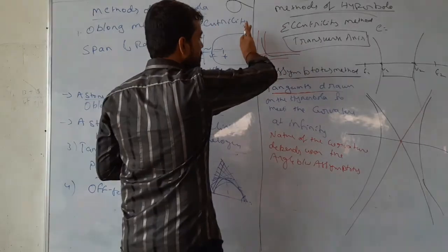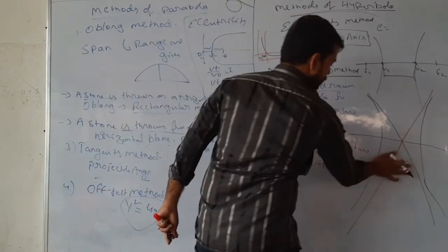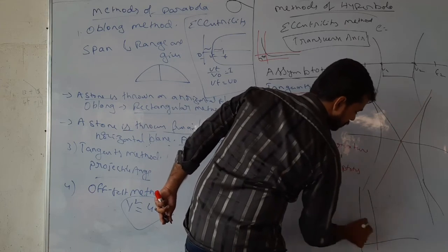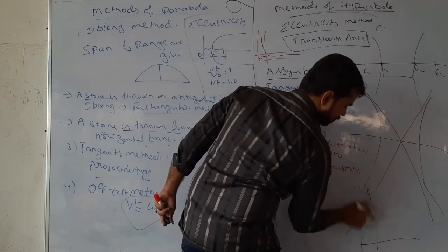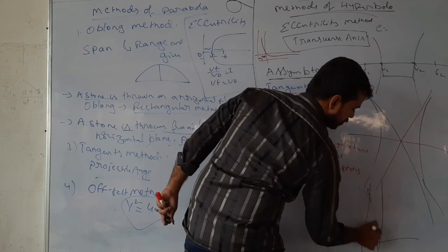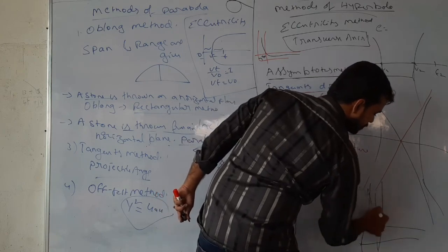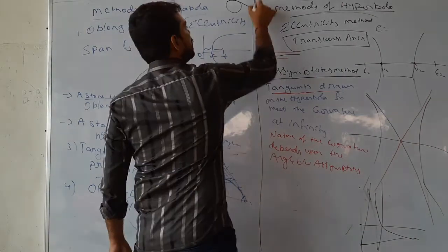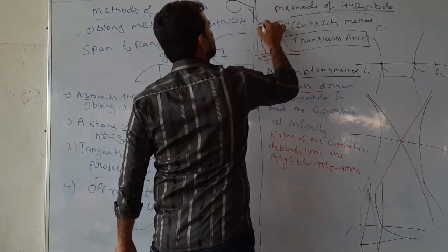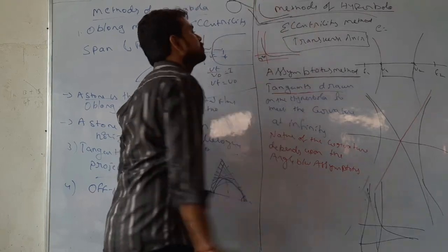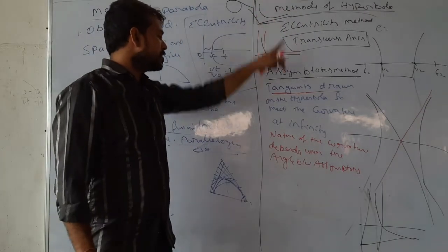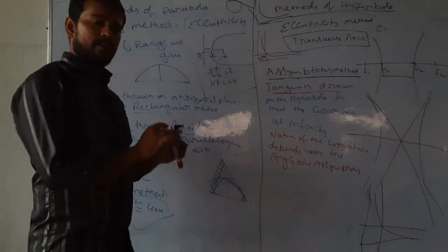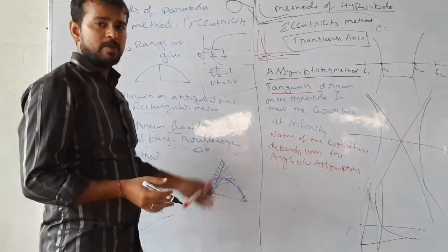If the angle is acute, the curvature will shrink. If the angle is obtuse, the curvature will be a little bit like this. So the nature of the curvature depends upon the angle between the asymptotes. Usually it will be 90 degrees, but sometimes it may change.